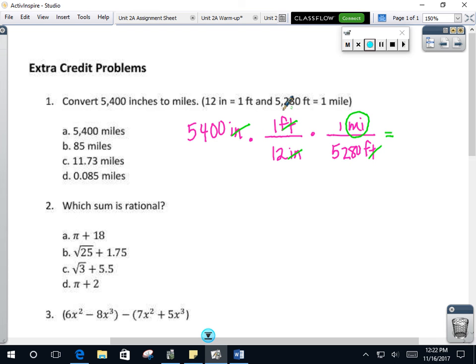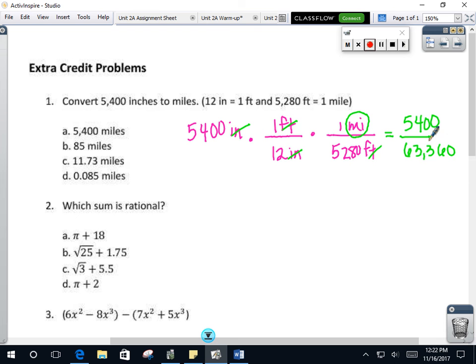The numerators are just 5,400 times 1 times 1, which will remain 5,400. What property is that? What property says 5,400 times 1 is 5,400? Identity property of multiplication. On the bottom you have 12 times 5,280, which is 63,360.